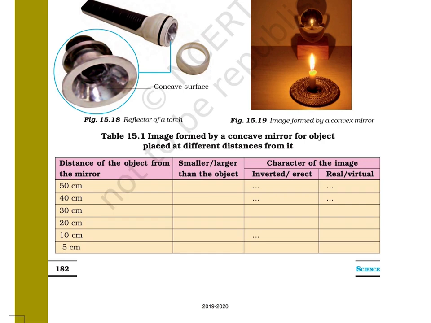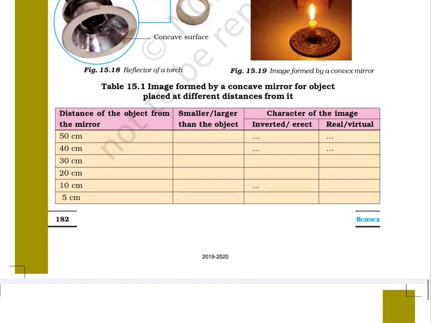In the third column, we have the character of the image. We have to fill in whether it is inverted or erect, and also whether it is real or virtual. Distance of the object from the mirror: 50 cm, 40 cm, 30 cm, 20 cm, 10 cm, 5 cm.